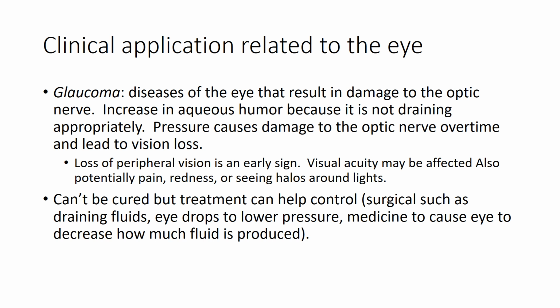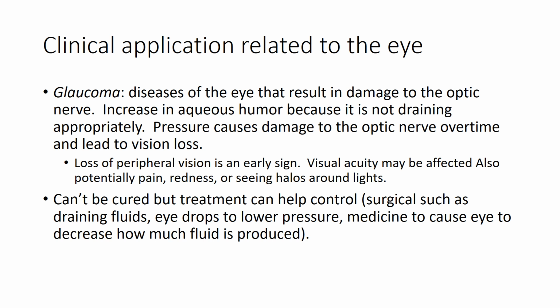And loss of peripheral vision is an early sign. Although visual acuity can also be affected, the peripheral vision is the most likely to be lost early on. It can also result in pain and maybe some redness if you were able to look inside, and also seeing halos around lights.